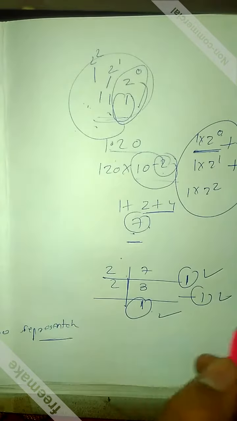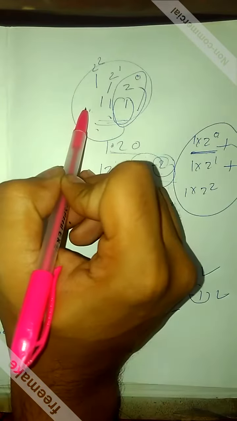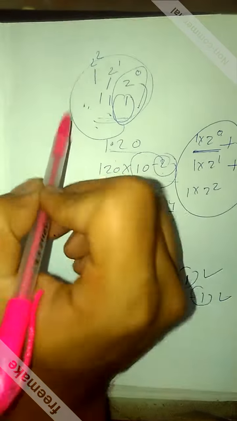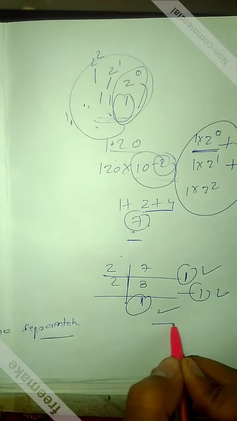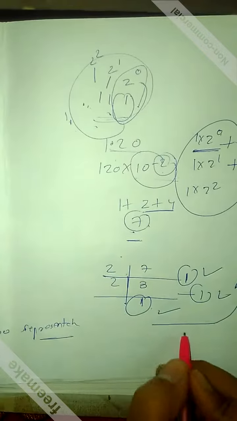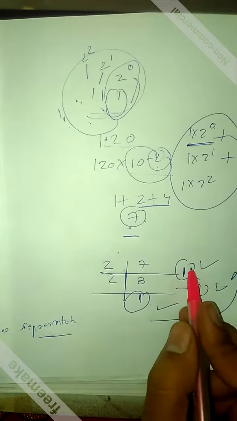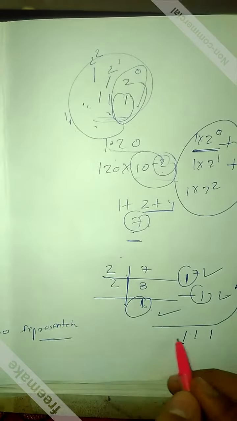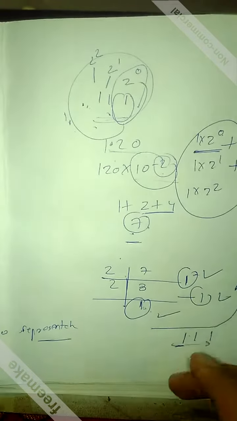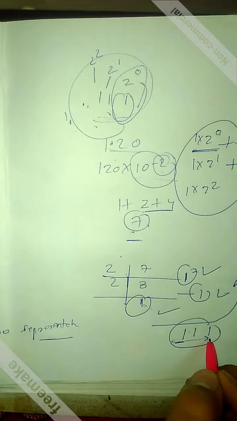We write the binary number as a sequence from down to up, like this: 1 1 1. This is the binary number.